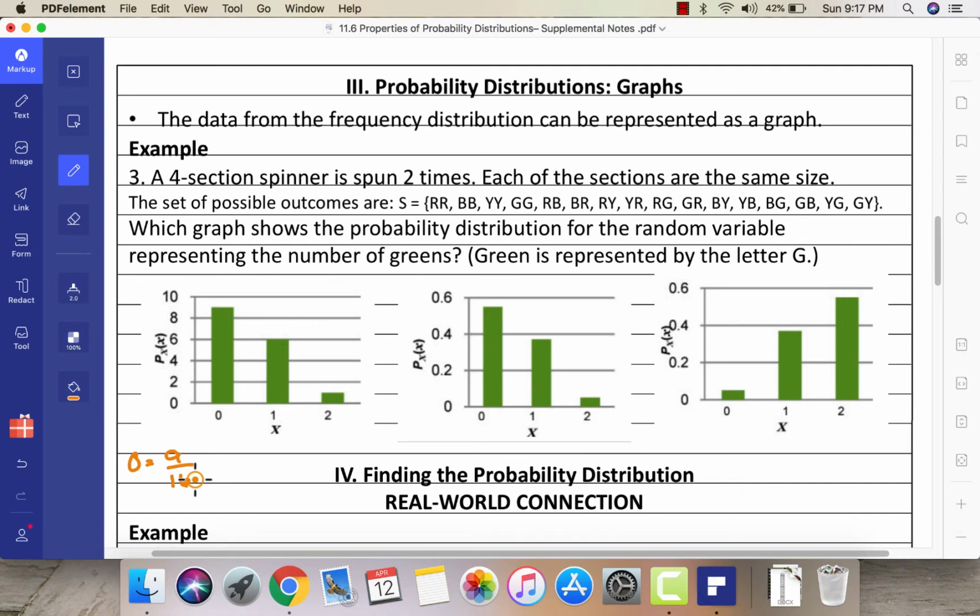So 9 divided by 16 is 0.5625. So it can only be this graph because 0 is at 0.5625. This other 0 is not at that point, it's like 0.1 maybe. This isn't even going by frequency, it's going by number of spins, I'm guessing, because that would be 9 spins here, but we're looking for a frequency graph.